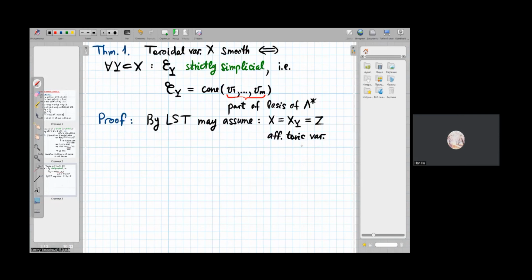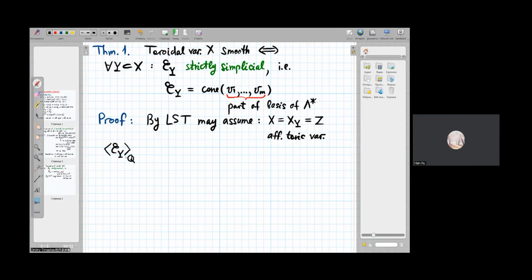Let me make yet another reduction. So consider the cone defining this affine toric variety, this cone C sub Y, and consider its linear span. Well, over rational numbers, because we consider the vector space spanned by the weight lattice or the dual weight lattice over rational numbers.